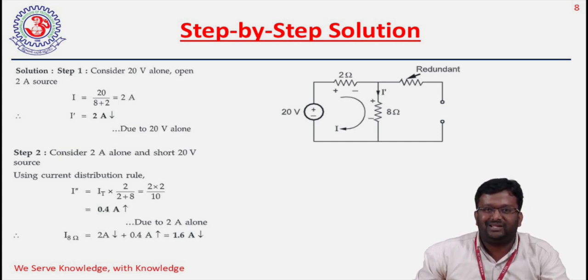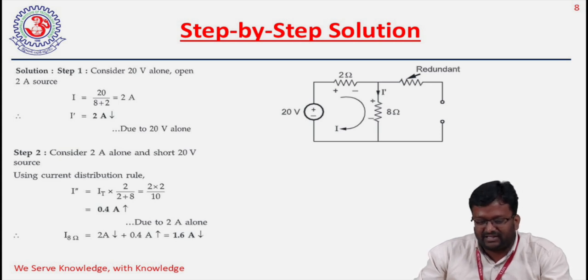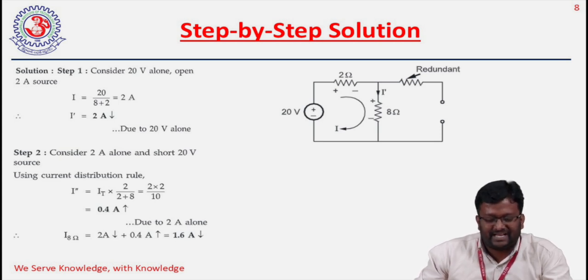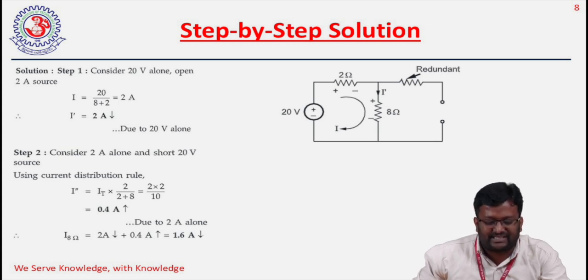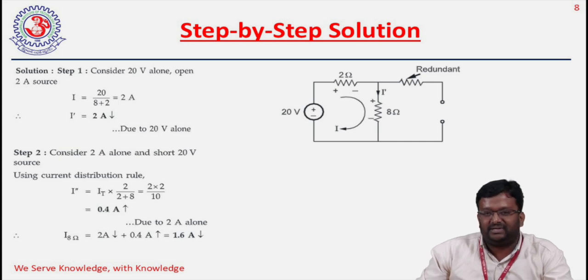The current will be the same throughout this closed loop. So whatever the I value is, that same current will flow through this 8 ohm resistor too. So the I will be equal to the current flowing through the 8 ohm resistor, so I is equal to 2 amps.